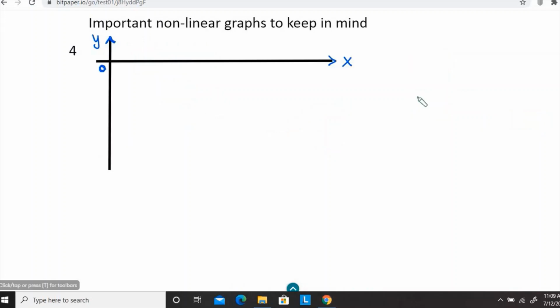The next nonlinear equation that I'd like to discuss is y equals minus 1 over x. This graph is between the positive x-axis and the negative y-axis, and it's going to look like this.